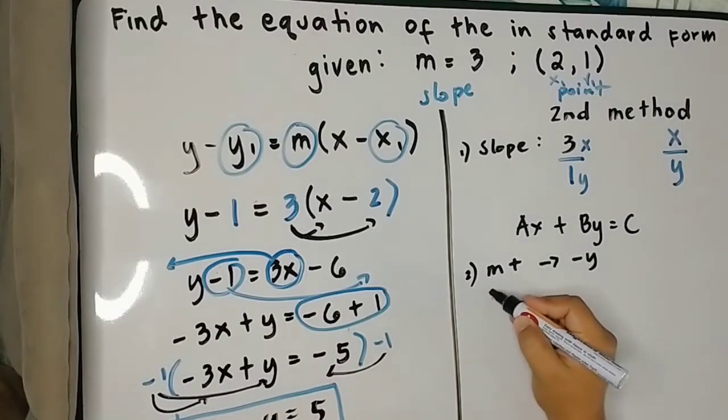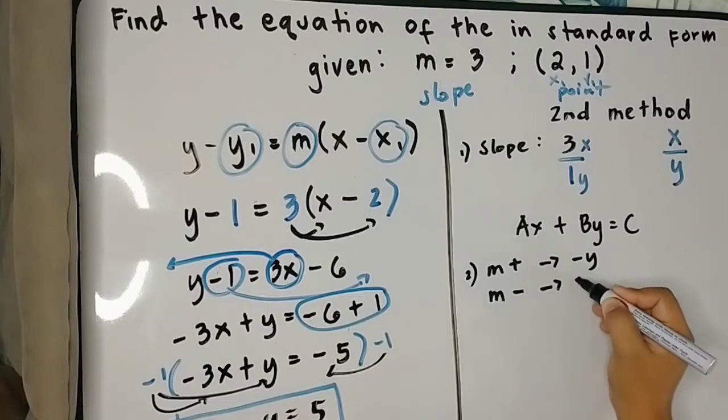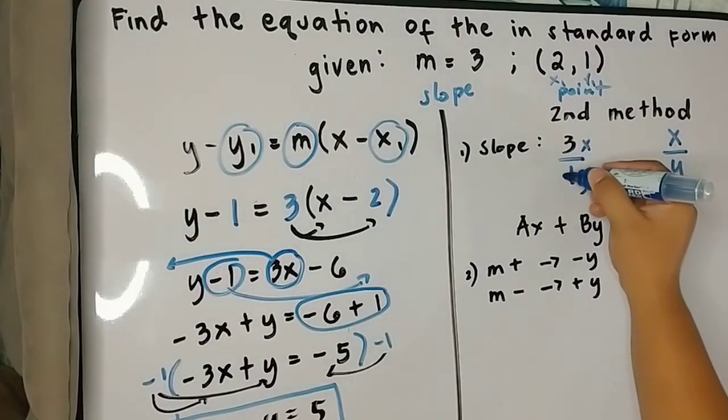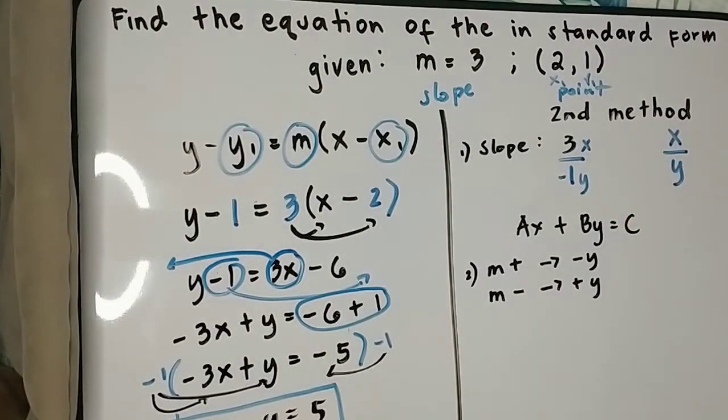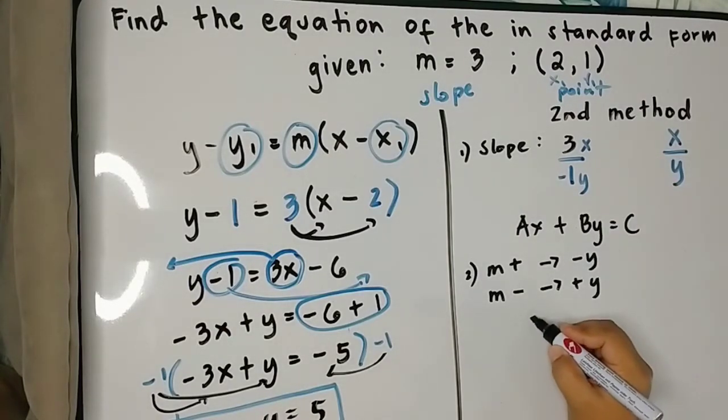Pero, kapag si slope ay negative, si y ay positive. Okay? This time, ang value dito ng slope ay positive, di ba? Positive 3. So, ibig sabihin, si y daw dapat ay negative. So, therefore, kapag sinulat natin siya in standard form, we have here now 3x.